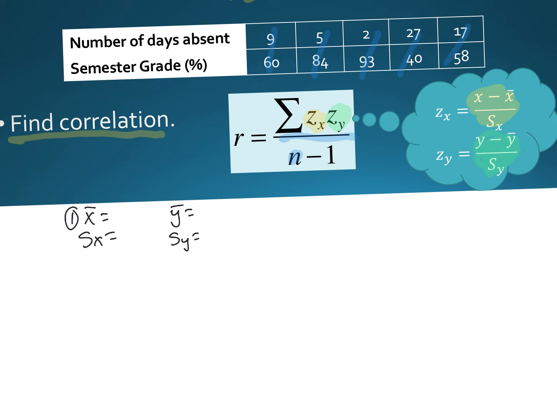Remember, if you are using Desmos, you will type the x column into the x1 column and the semester grade into the y1 column. If you are using a graphing calculator, you would go into the table and type the number of days absent into L1 and your semester grade into L2.